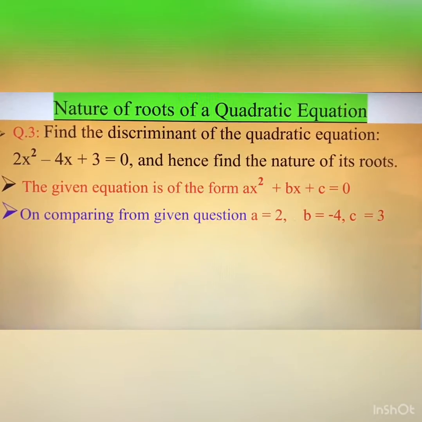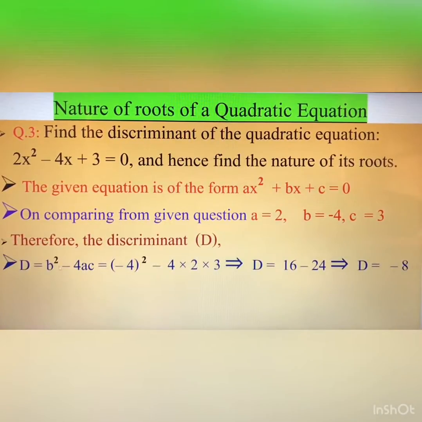You will put these values in the formula, discriminant D equal to b square minus 4ac. You substitute minus 4 in the place of b, and a and c are 2 and 3.